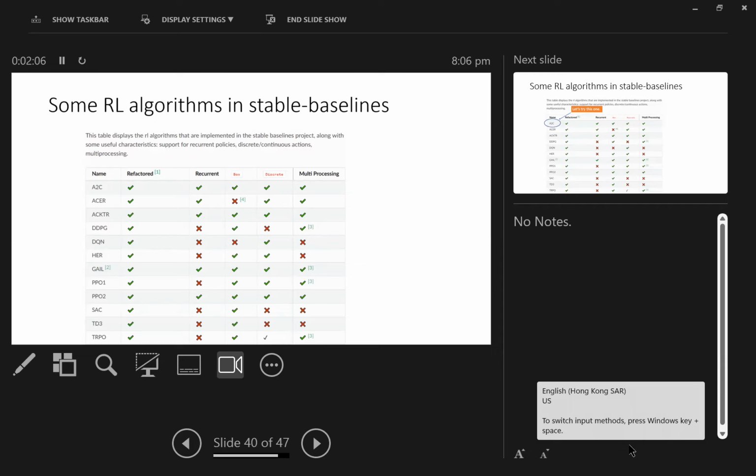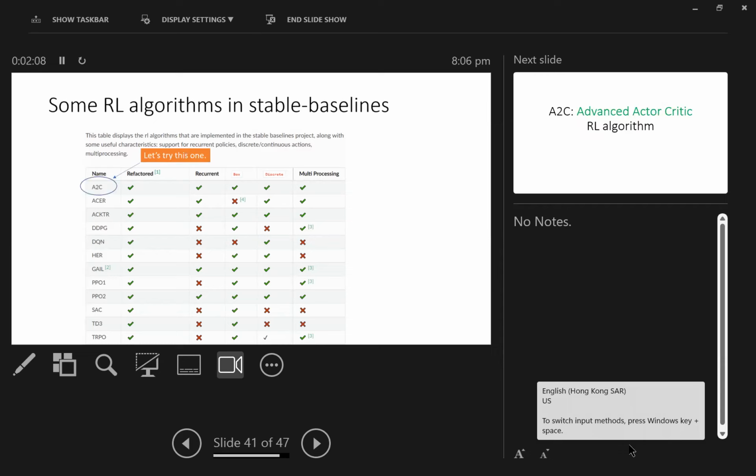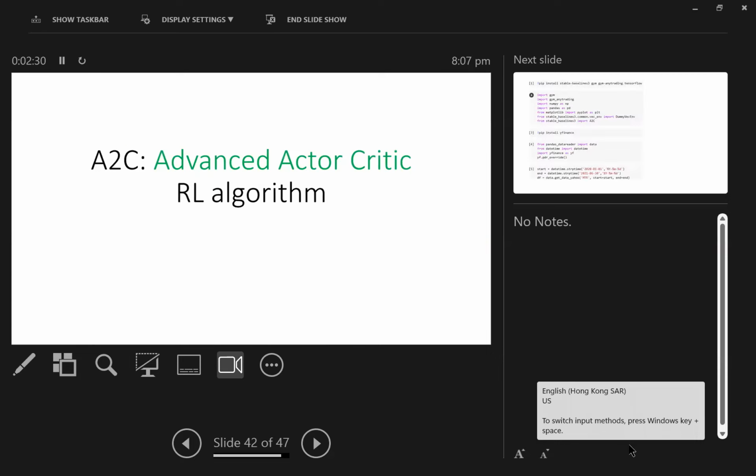In our example here, I will just use the first one, A2C, and try to do the reinforcement learning in order to see how to apply it to make some meaningful prediction of the long and short positions.